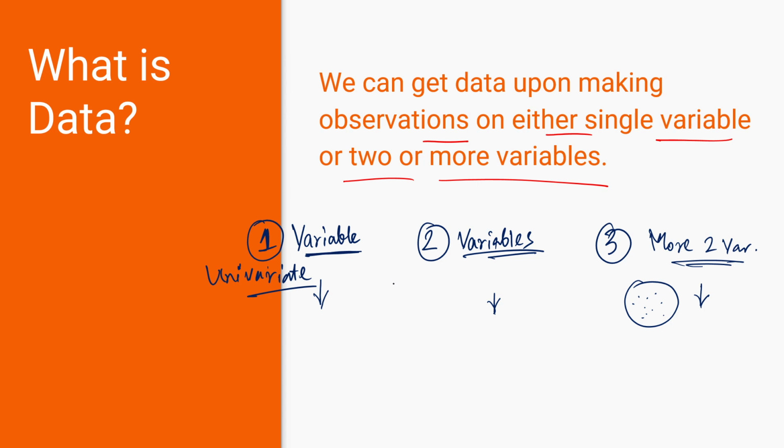If you are doing the same thing but for two different variables, then this should be called bivariate. And if you are observing more than two variables or characteristics in a group of population, in that case this data should be called multivariate data.